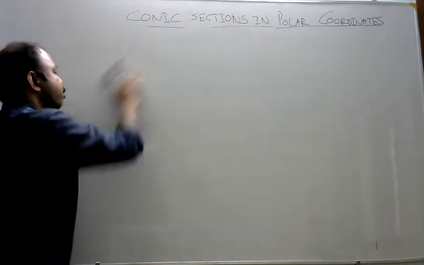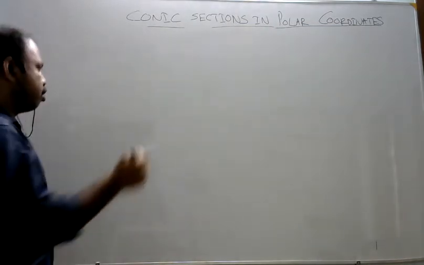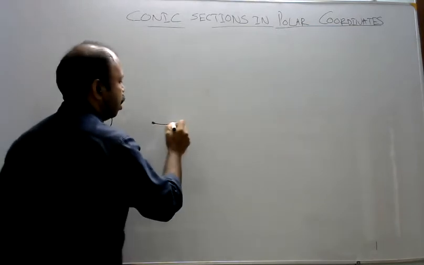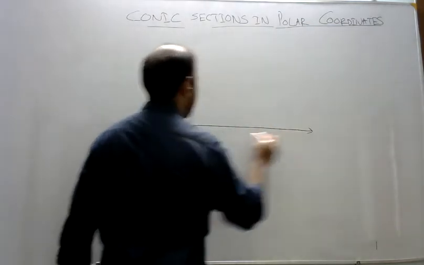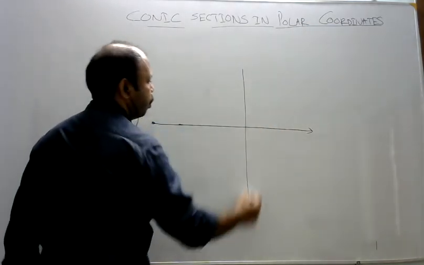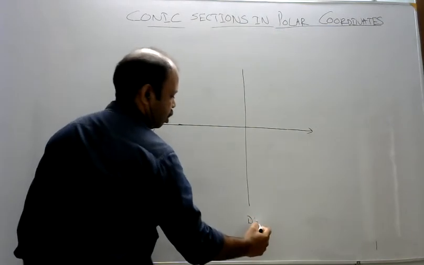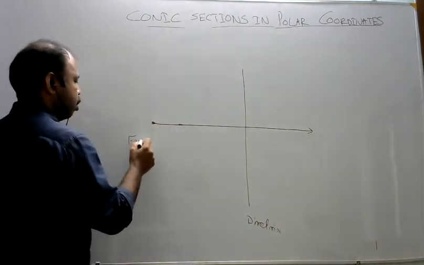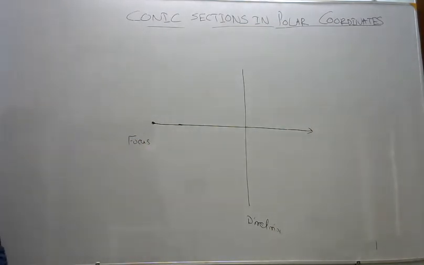Consider the case of a conic whose focus is at the pole and the directrix is to the right of the pole. So this is the focus.